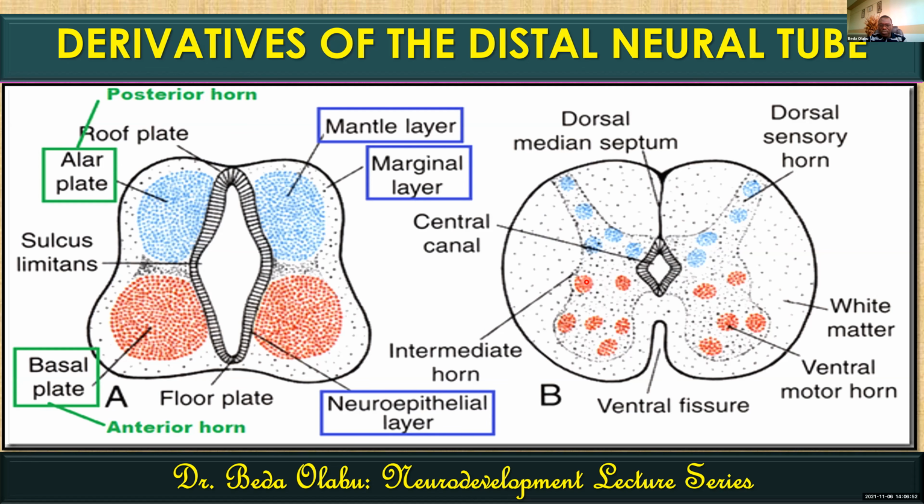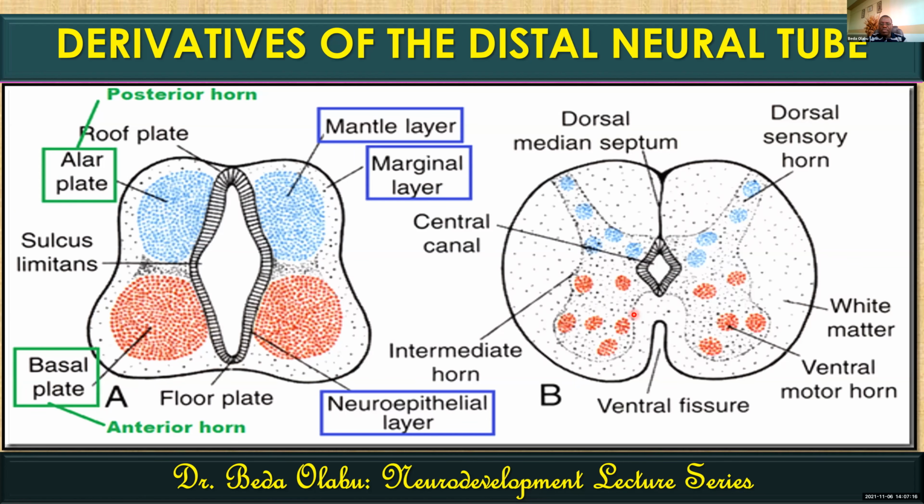Remember, the lateral horn contains cell bodies of preganglionic autonomic neurons. Those go to target organs of the autonomic nervous system. In simple terms, the intermediate horn has a visceral motor function.